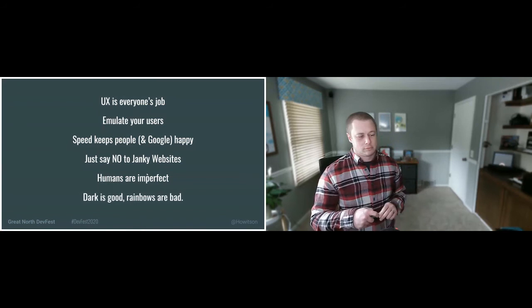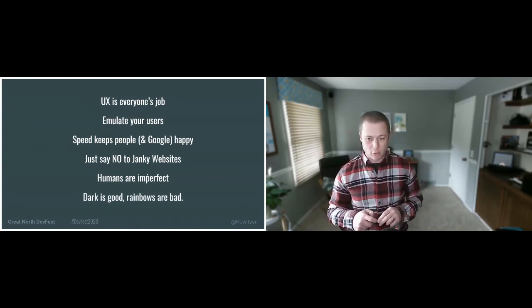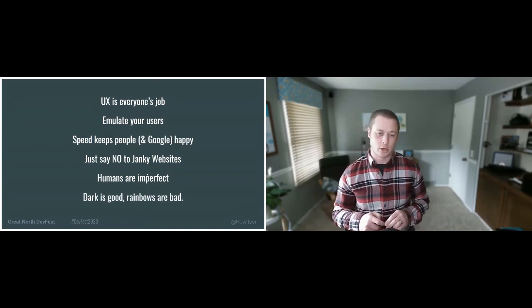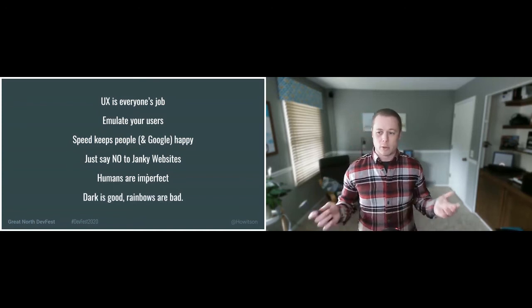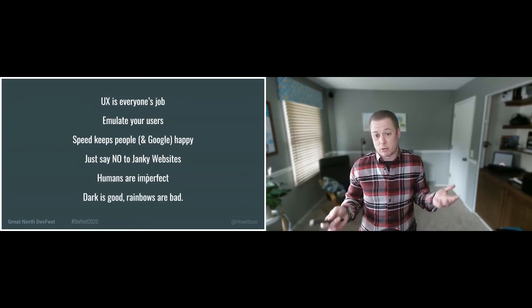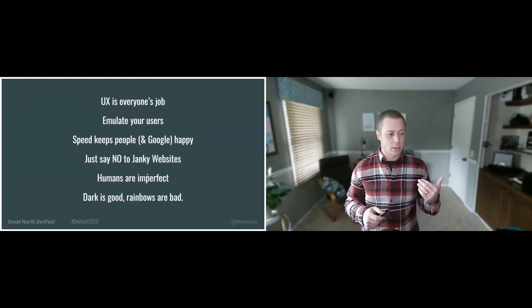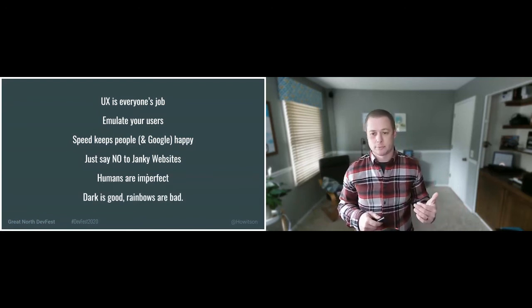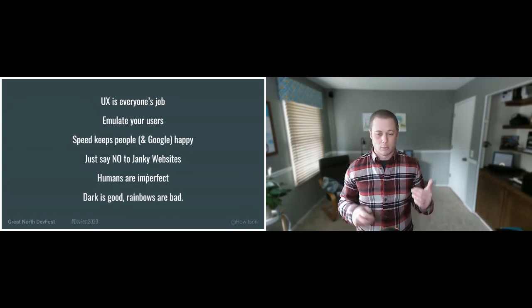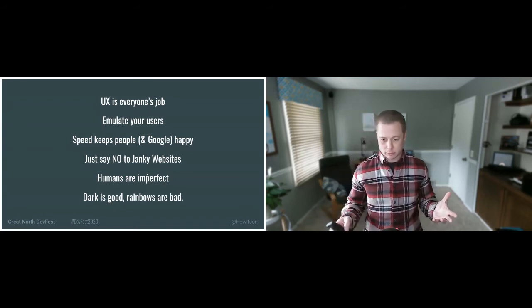I said it. Dark is good. Rainbows are bad. You may not agree with me, but at least now you have the tools to look at those things and see, really, what does this mean? Do they work? Do they not work? Do I enjoy using the site that I built or not? All of these things actually let you make the case to the product or creative side of your organization that might say that technology is not the place that's supposed to be experiencing UX questions.